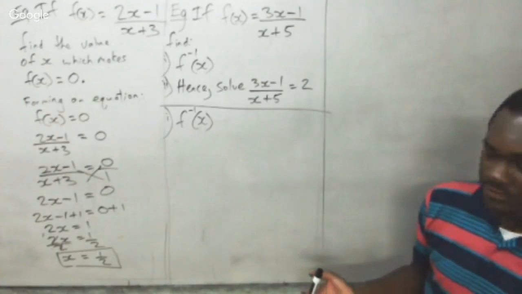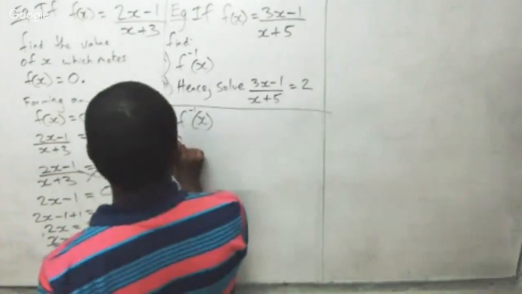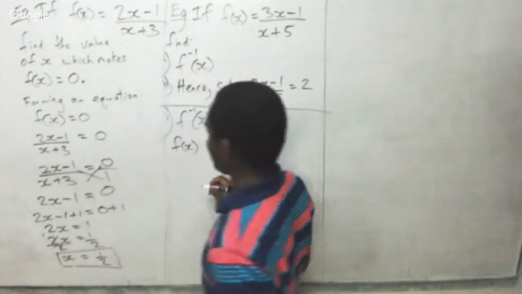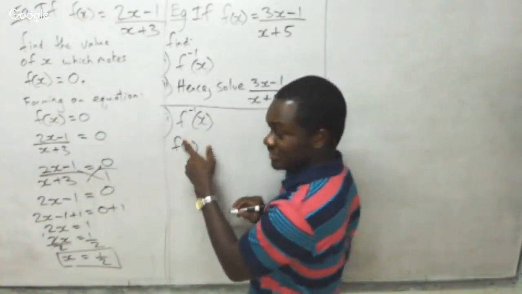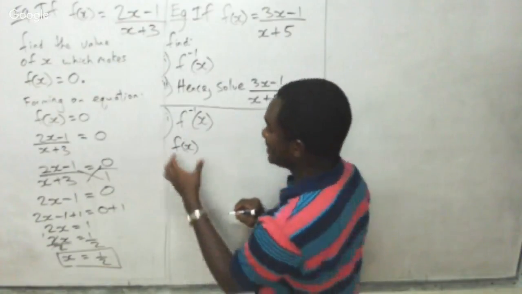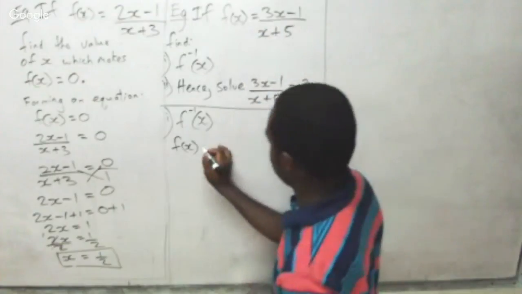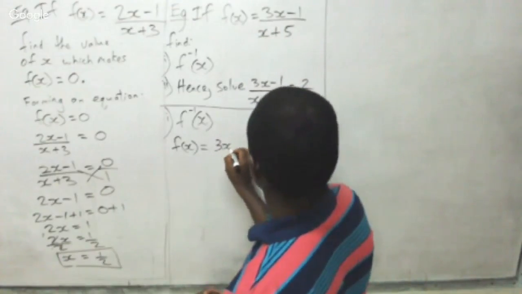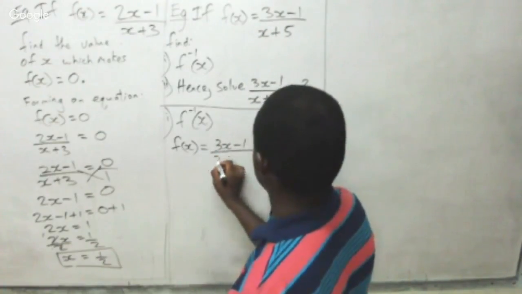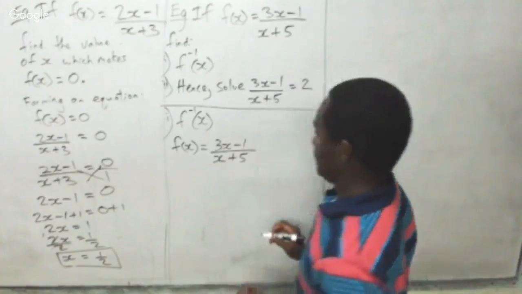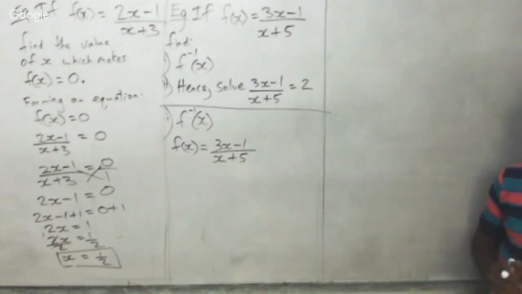With f. Yeah, f of x. Please do not write f inverse here because you don't have f inverse yet. You can't say f inverse equals anything. It's f of x. So f of x equals.